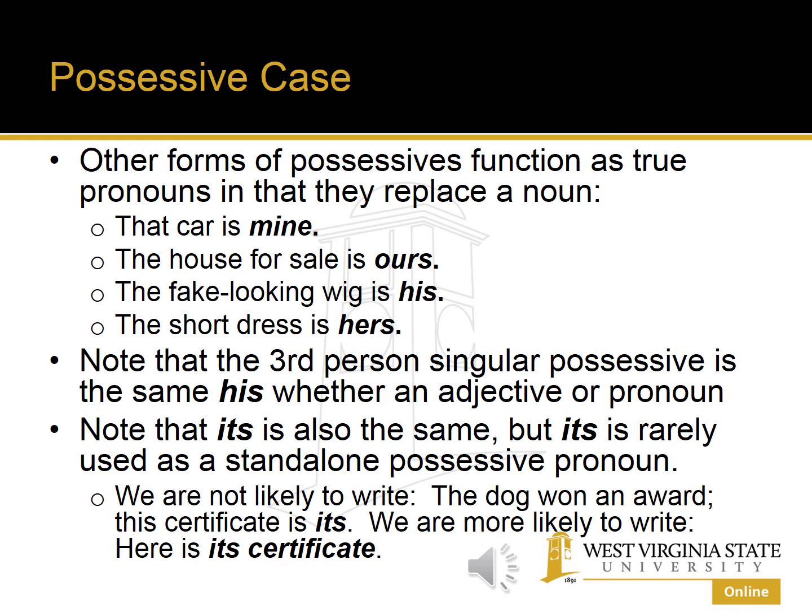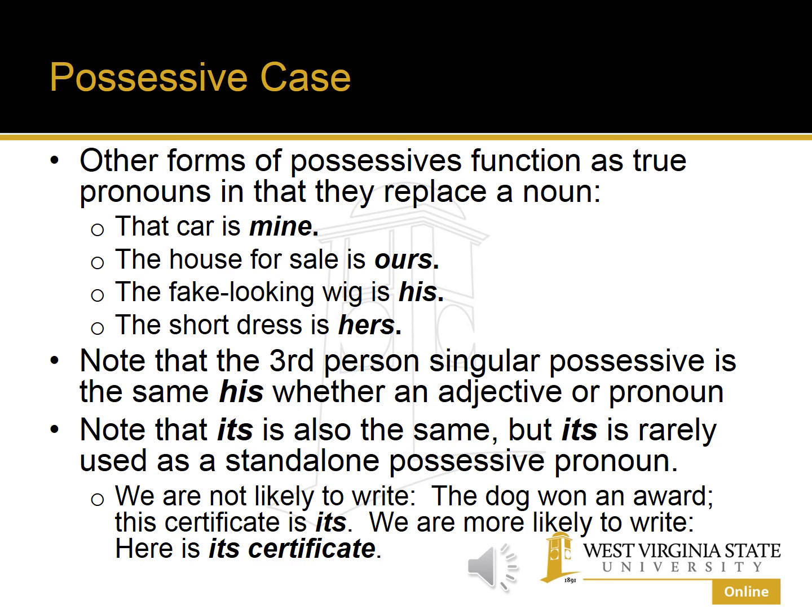Hers is the pure pronoun form, whereas her, without the S, is the adjectival form. So these are things that we just have to learn, and as in the previous slides, they were presented all in the table.